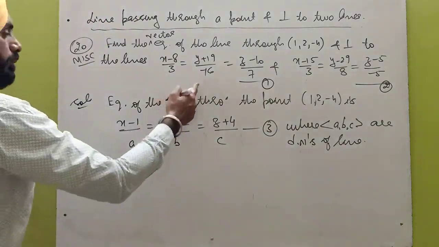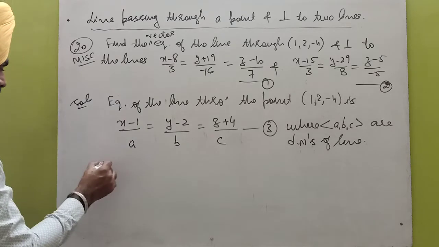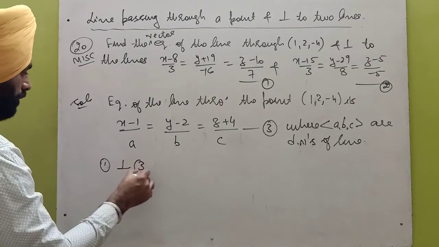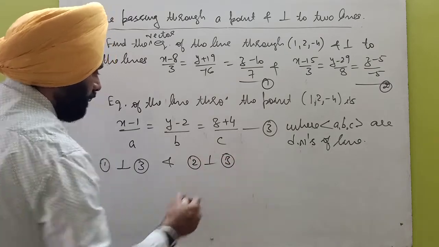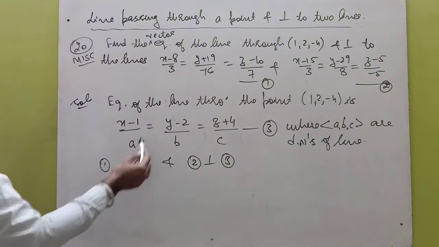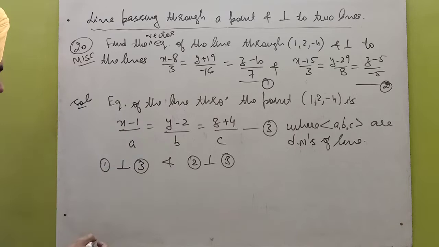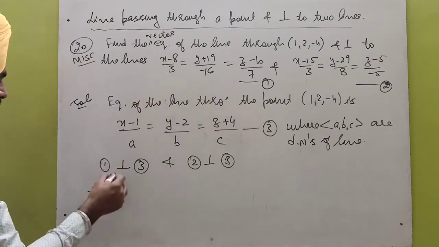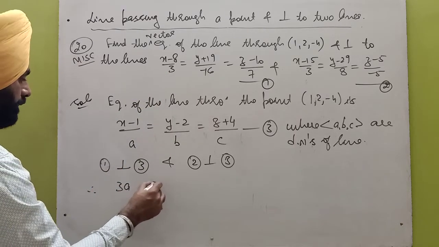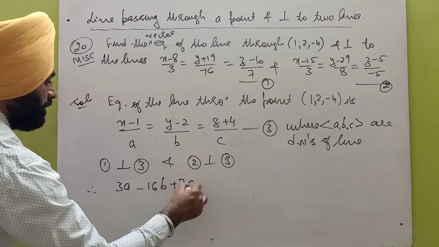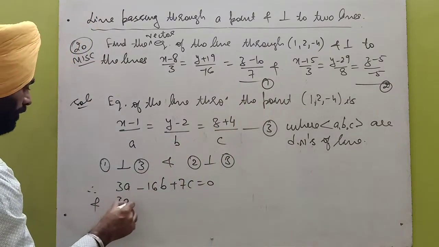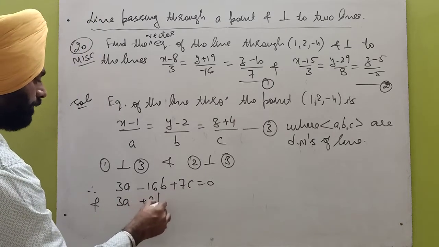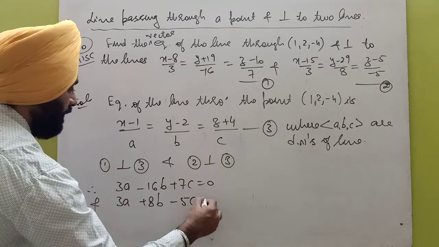Now we have to find the values of A, B and C. Now number 1 is perpendicular to number 3 and number 2 is also perpendicular to number 3, and when the lines are perpendicular then the sum of the products of the direction numbers is 0. Therefore 3a minus 16b plus 7c is equal to 0, and the second equation is 3a plus 8b minus 5c equal to 0.